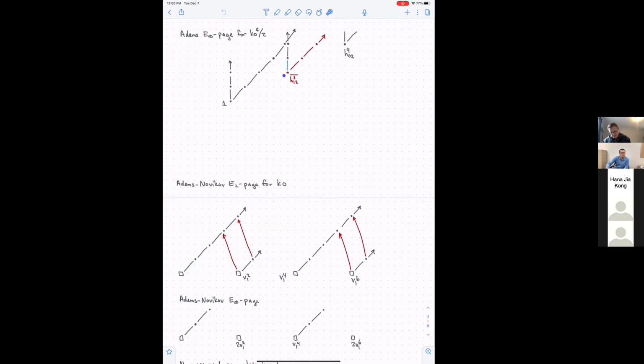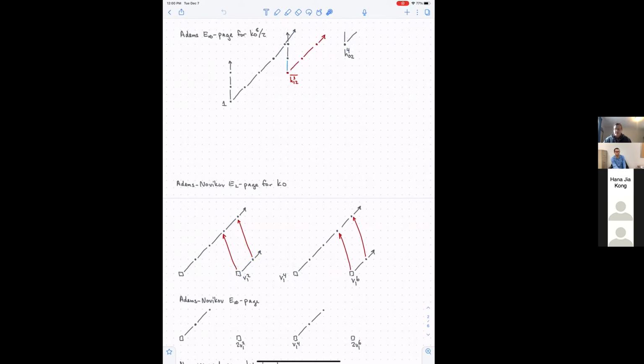Next, you have this infinite tower, which corresponds to a Z in the 4-stem, and you have its H1 multiples, which correspond to those H1 multiples. And then the process repeats. This stuff corresponds here, and so forth.